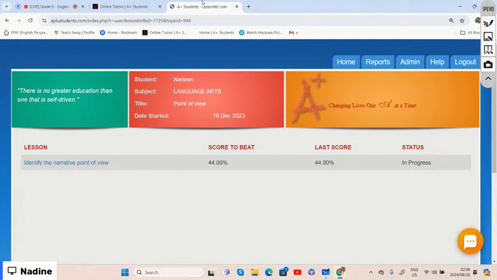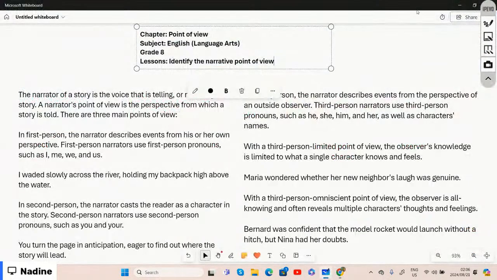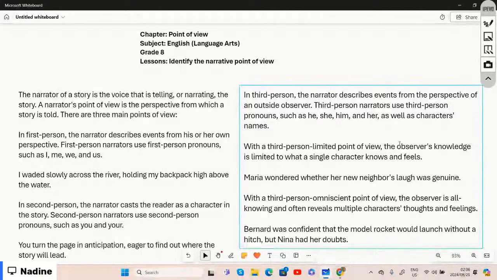All right. So when it comes to point of view, we said that our chapter is point of view, our subject is English Language Arts, grade 8.